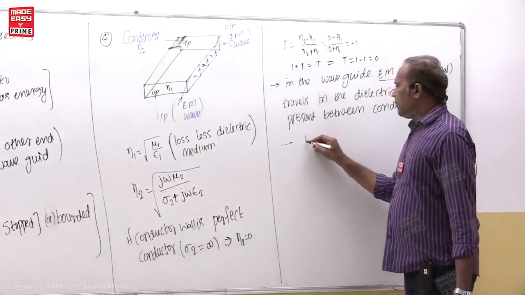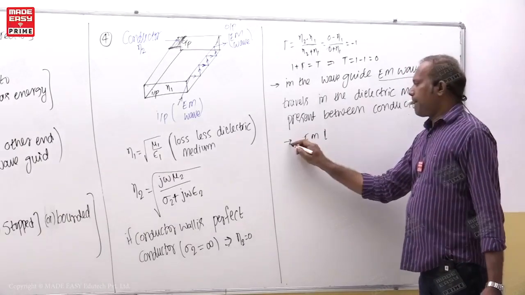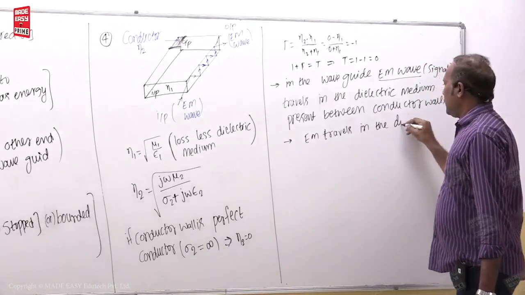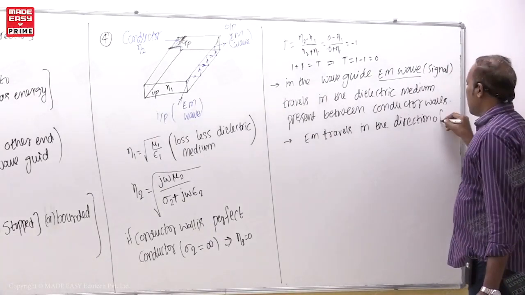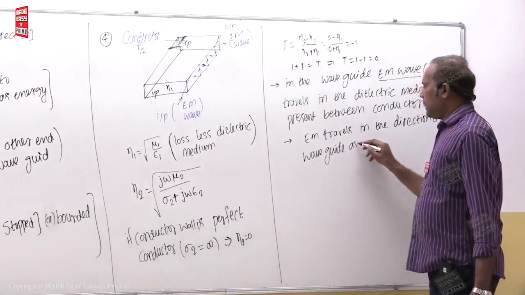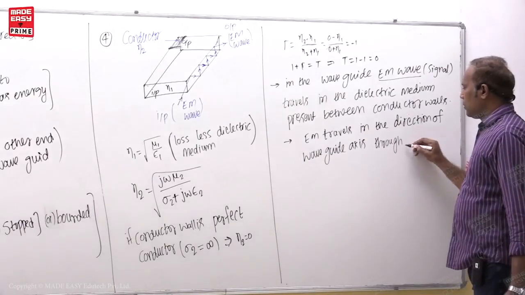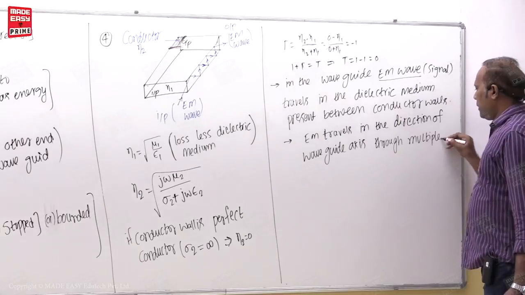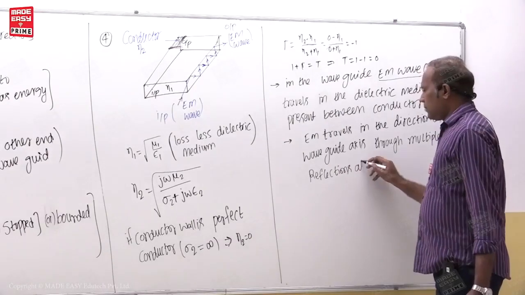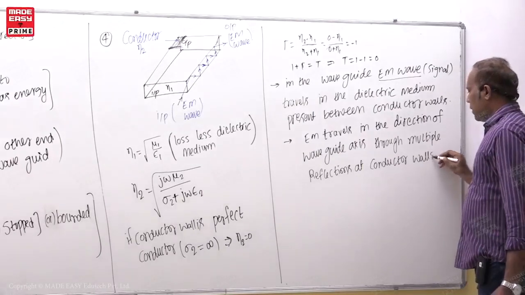So the EM wave travels in the direction of the waveguide axis through multiple reflections at conductor walls.